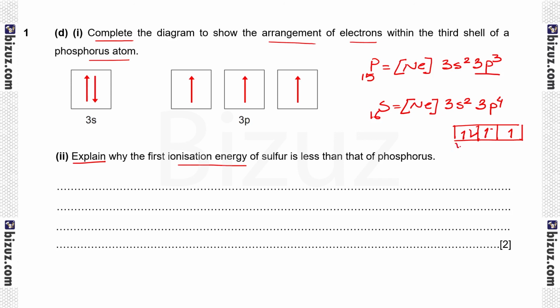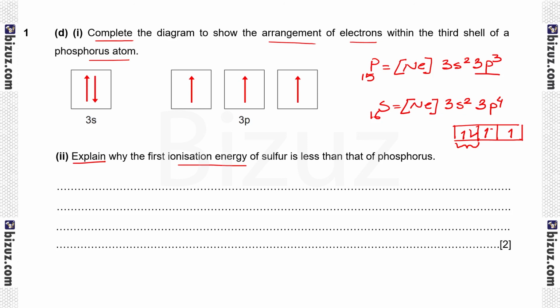So in the first orbital there is a pair of electrons which will feel repulsion, because we know that like charges repel each other. Because of that, it is easier for sulfur to lose one of the electrons, and that's why the ionization energy for sulfur is less than that of phosphorus.